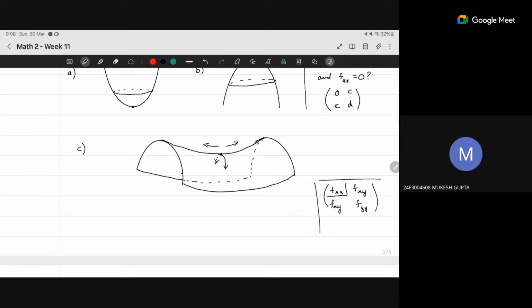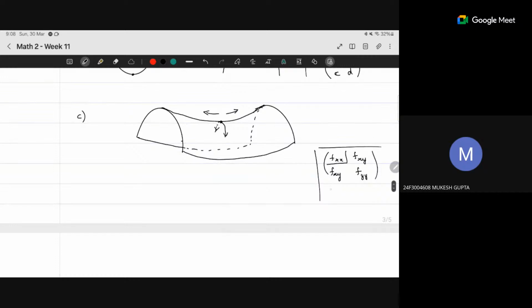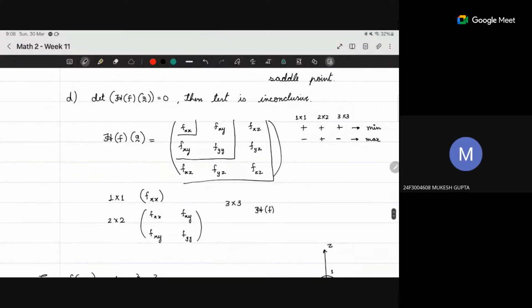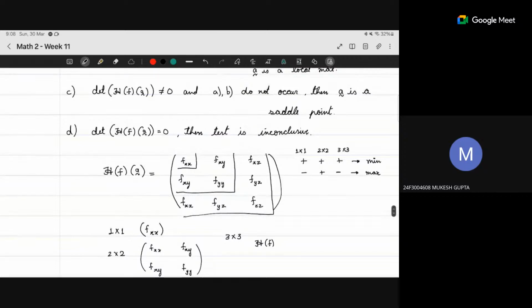If you take the 1 cross 1 submatrix and the 2 cross 2 submatrix, you have only these two cases, right? So plus plus will be minimum, plus minus will be maximum. Similarly, over here, plus plus plus is minimum. So if you have all pluses, you'll have a minimum. And if you have alternating plus and minus, you'll have a maximum.